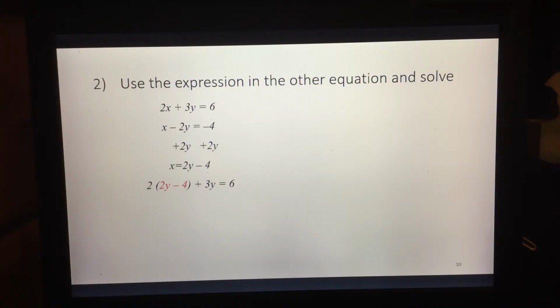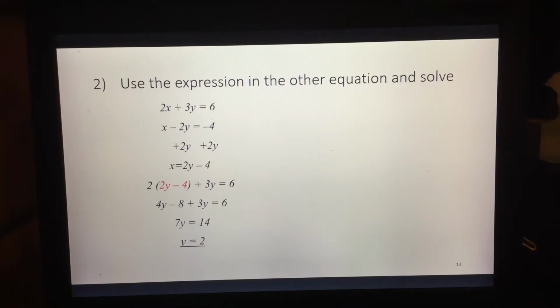We see this new equation only has one variable, so we can solve for y. So the first step is to simplify by distributing the 2. 4y minus 8 plus 3y equals 6. Combine like terms. 7y equals 14. Divide both sides by 7. y equals 2. We just finished the second step.